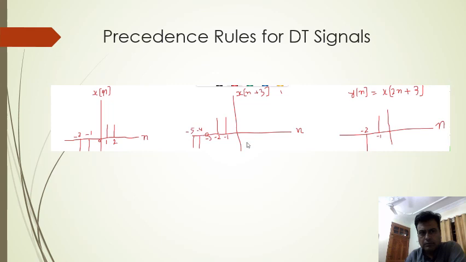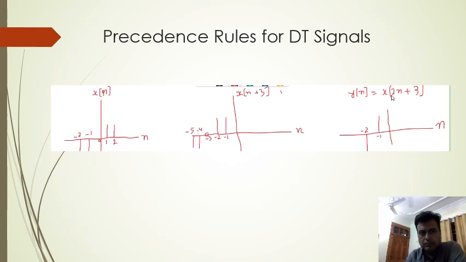After this shifting, the next operation we have to perform is time scaling, where we generate x of 2n plus 3 from this signal x of n plus 3. Basically we are going to compress the given signal x of n plus 3, and our compression ratio is twice.